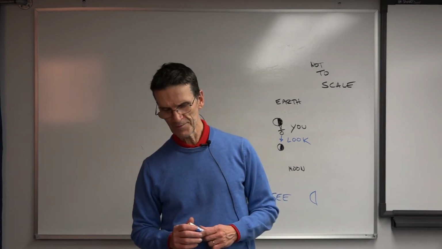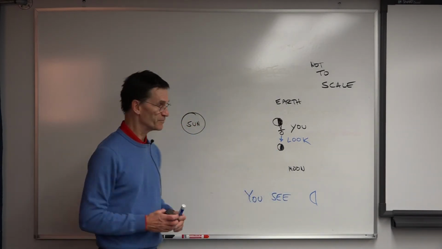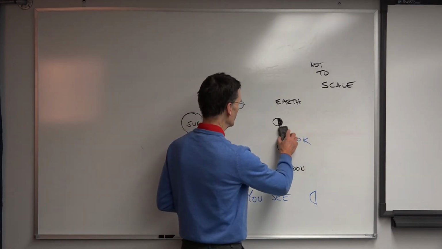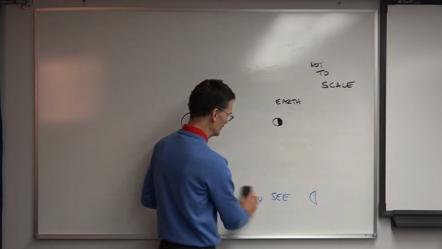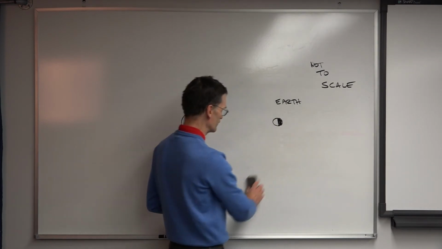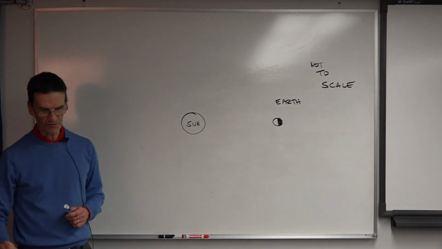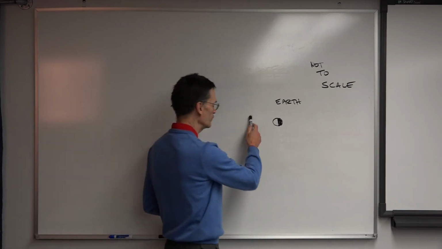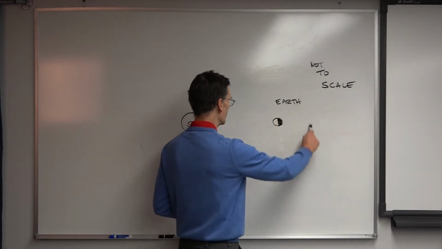Let's take another set of positions. I'm going to erase this, and it's easy for me because I can just erase it. It may be harder for you because if you want to draw it all over again, you can. All right, we said the moon goes around the Earth.